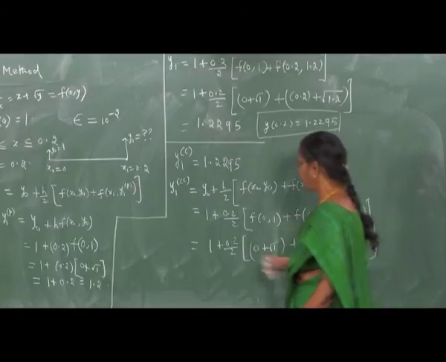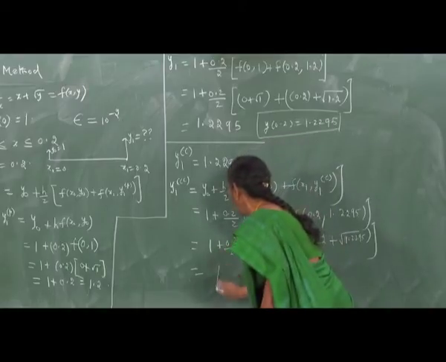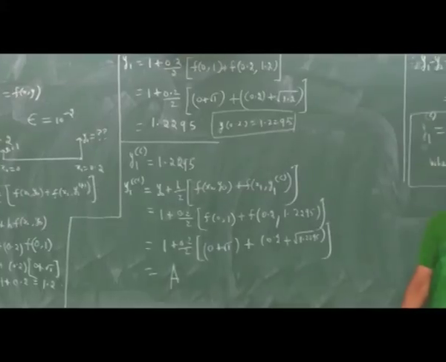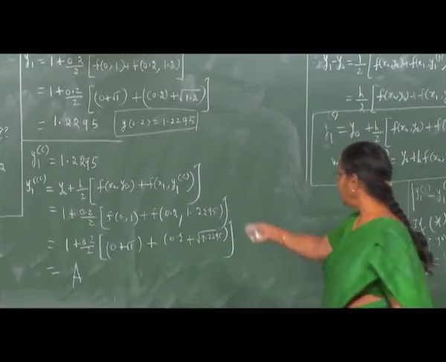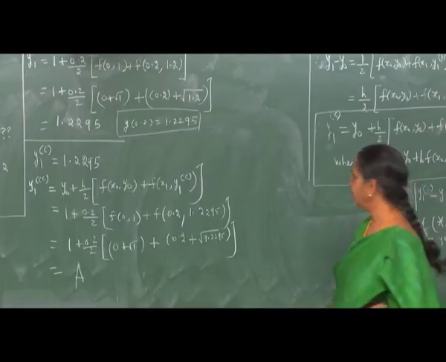So, compute this and you obtain y1 recorrected value. Suppose say you obtain its value to be some capital A. You can use your calculator and work out the details and get what this value of A is.